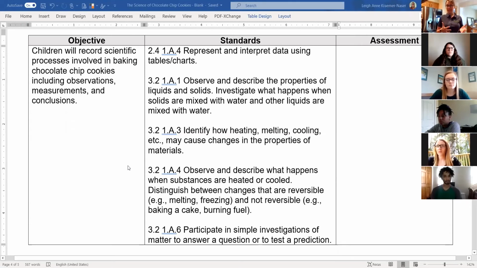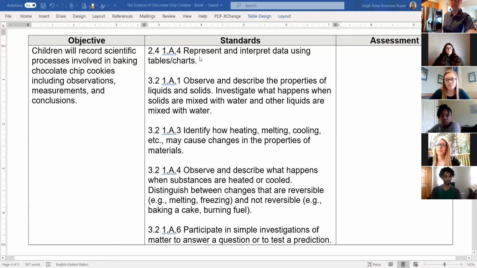So if we wanted to assess on all of these things, all of these different elements and standards here, how could we show that the children are now capable of doing all of these things? Let's look at that first standard.